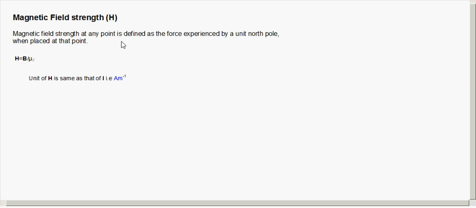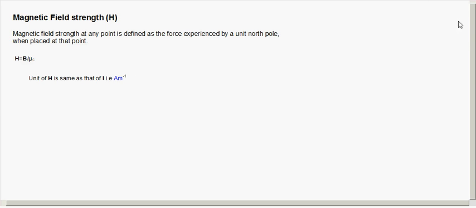It is denoted by H. Mathematically, H is B by mu, and the unit of H is the same as the unit of I, the intensity, that is ampere per meter.